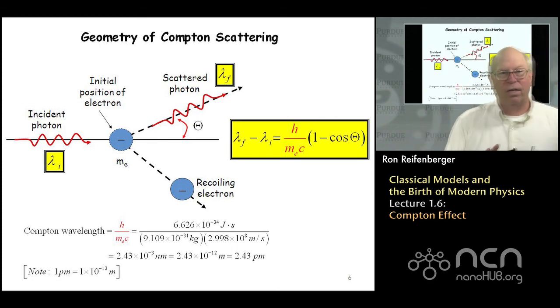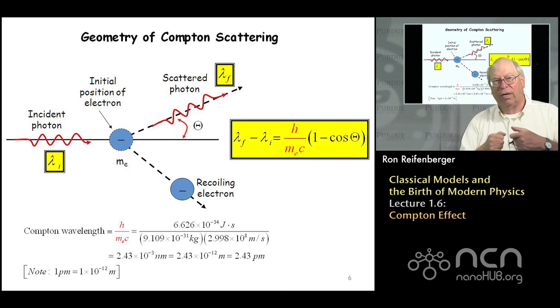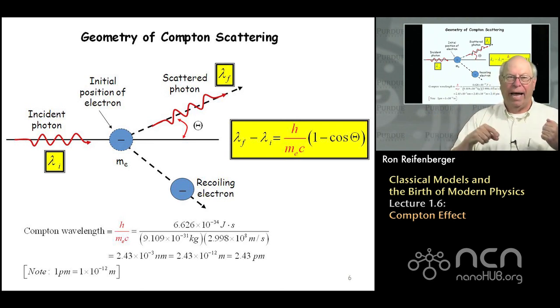We're not equipped at this point in time to go through his derivation because he was required to use relativistic mechanics, and we have not yet covered that in this course. So when we discuss relativity towards the end of the semester, we'll be able to come back and derive Compton's formula. At this point in time, we're just going to state it.